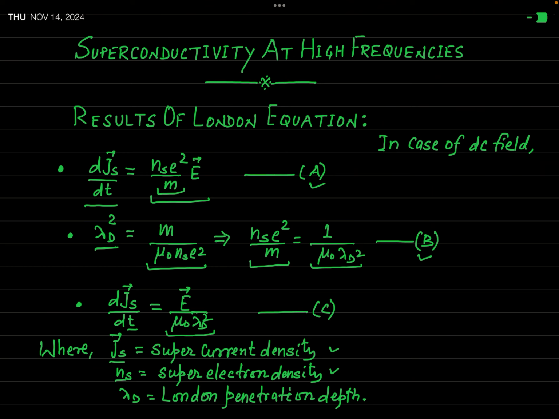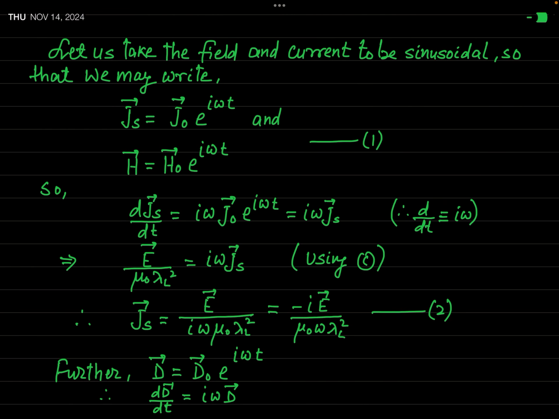These were the important results which we have obtained in the first part of the lecture on the London equation and penetration depth. In this present lecture, our aim is to discuss again the penetration depth. And we will also learn about another depth which is called skin depth.